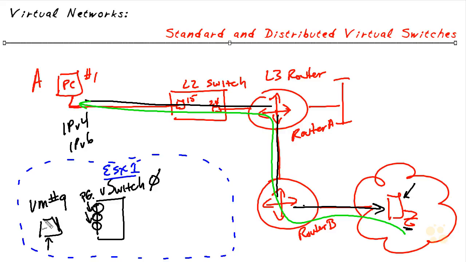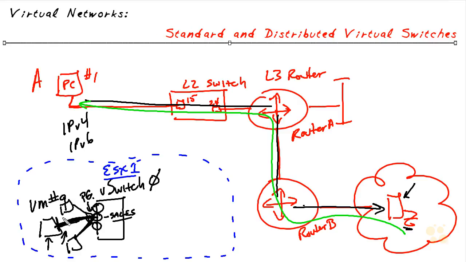So this virtual machine has a virtual network adapter, and we simply indicate that we want this virtual machine's network adapter to be connected to a specific port group. So maybe we have a port group for sales, and we called it sales. So great, it's connected. And if we have other virtual machines inside that same ESXi host, and they're all connected to that same virtual machine port group called sales, they could go ahead and communicate directly with each other.